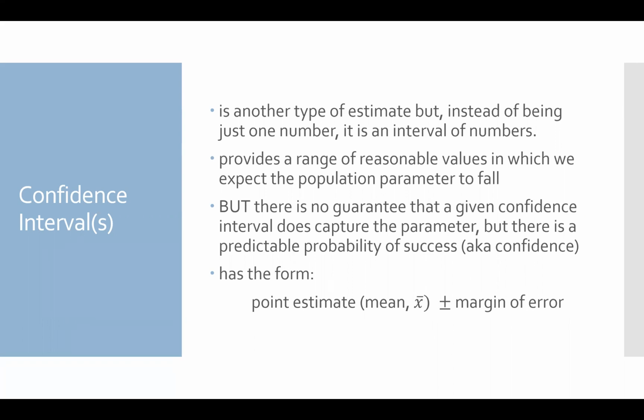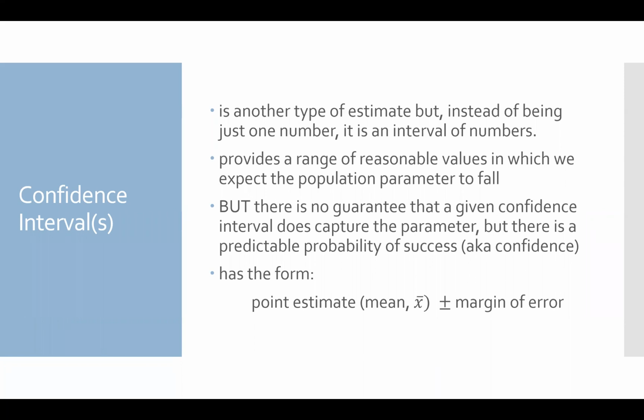But we have a predictable probability of success, aka confidence. That's kind of why they're called confidence intervals. They're intervals because we have a range of numbers. We call them confidence intervals because it is connected to a predictable probability of success. We know what kind of success rate we're going to have, that the mean or the parameter is going to fall within that interval.